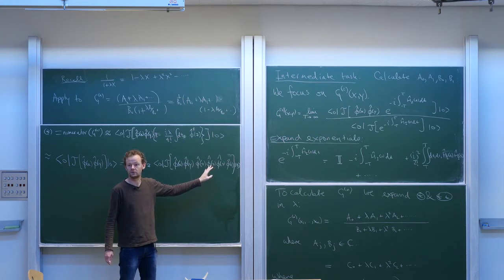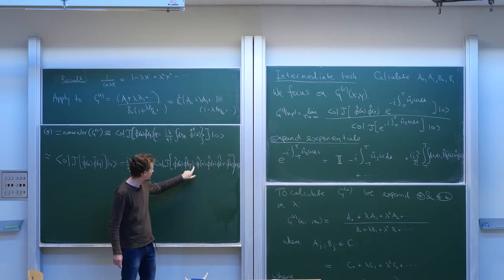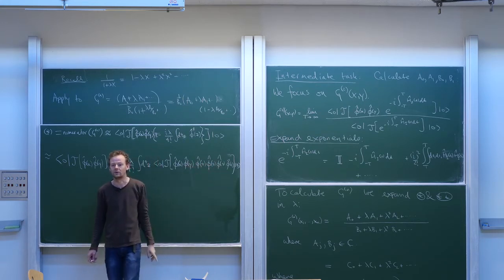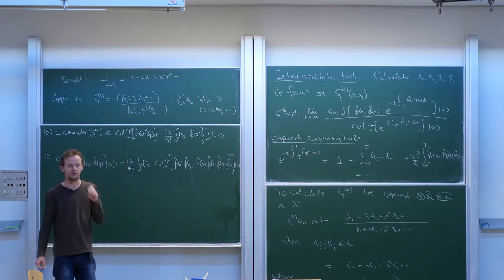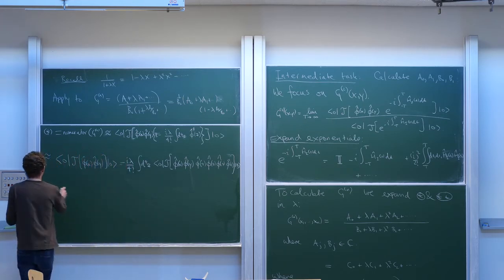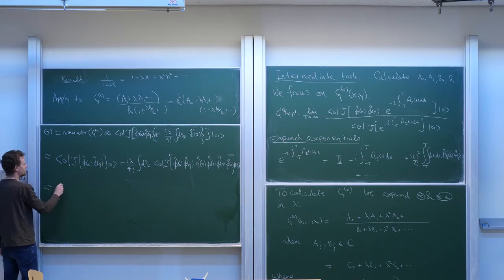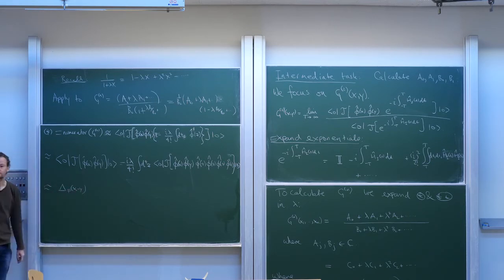And the only way to do all contractions in a graphical way is to have all your field operators written out one by one, tediously written out one by one. So we can do the first term straight up. It's the Feynman propagator.